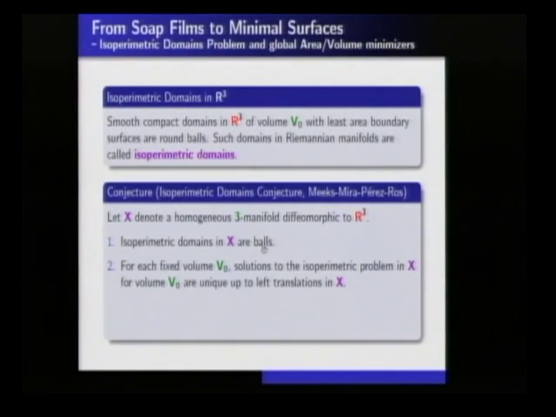This conjecture says that just like in R3, isoparametric domains are balls. Those are balls. The boundaries are spheres.